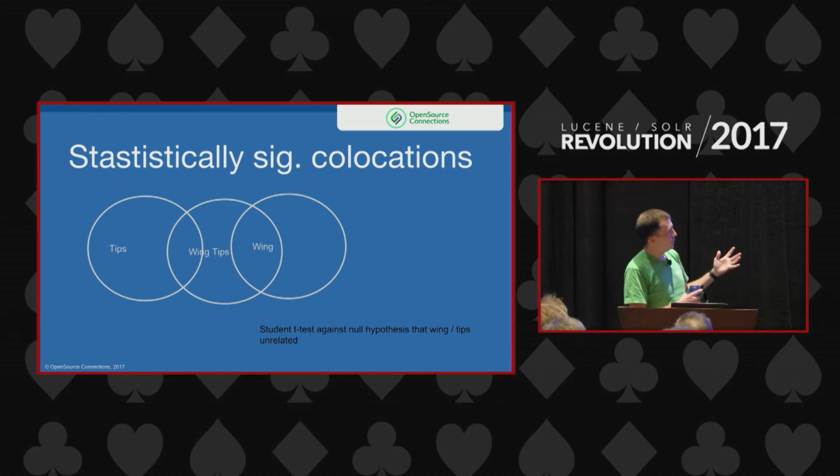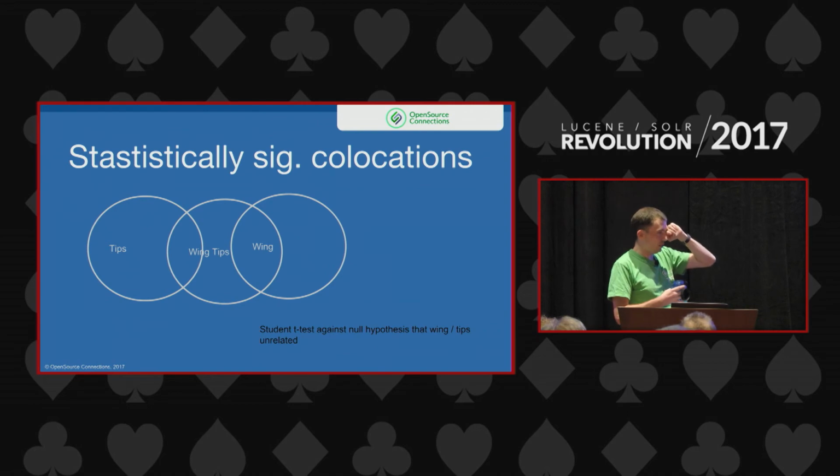But if you go look up the Wikipedia article on this, it's a really straightforward thing you can run with basic statistics, basically testing the null hypothesis that wingtips is not an idiomatic phrase, that wing and tips occur independently with some probability. And you can use this to seed things from your corpus to say, these are phrases I need to look at because they're really important in my corpus.